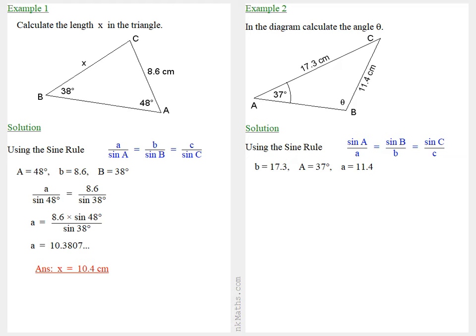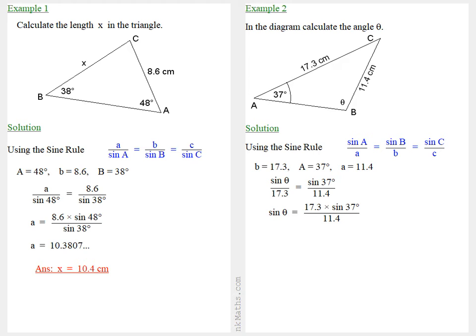The angle that we want is theta, and that's the angle B. So we have sine of B over b equals sine of A over a. So sine of theta over 17.3 equals sine of 37 over 11.4. If we multiply both sides by 17.3, we get sine of theta equals 17.3 times sine of 37, all divided by 11.4.